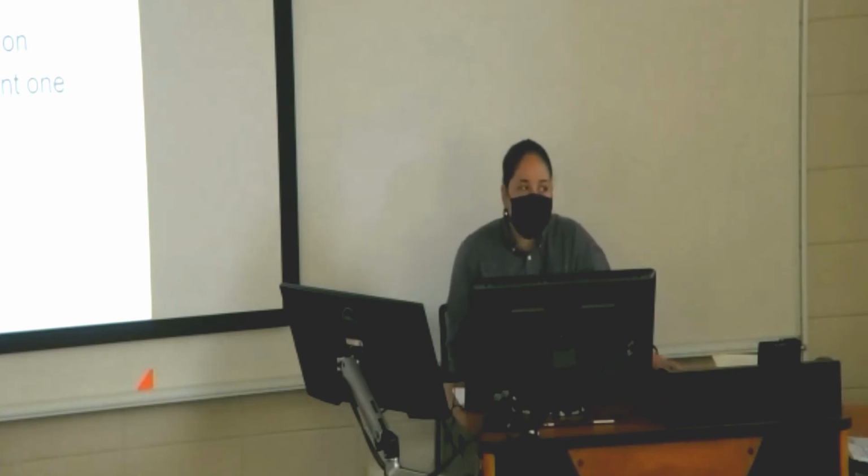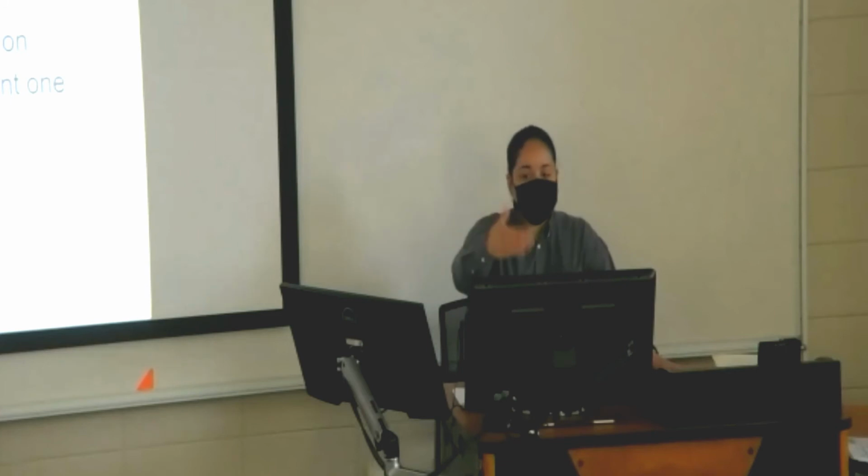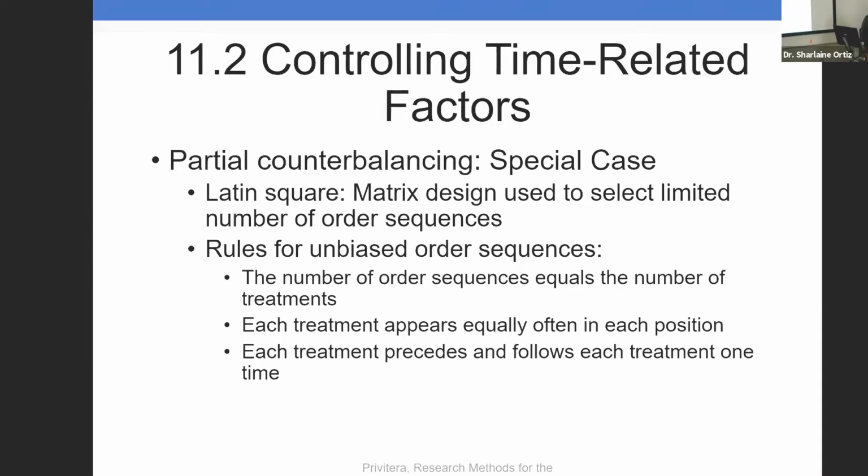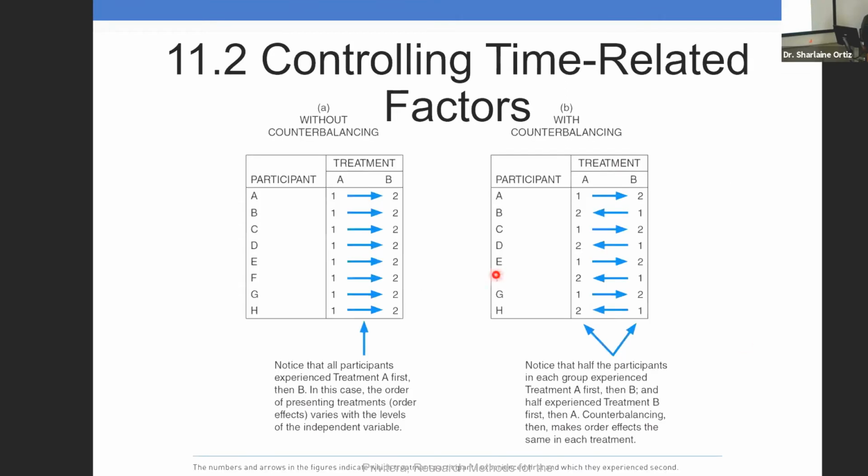I think this treatment is going to work worse and I'm trying to show that my treatment works, so let me present it often. But notice that if we're trying to do unbiased counterbalancing, these are the rules that we should follow.